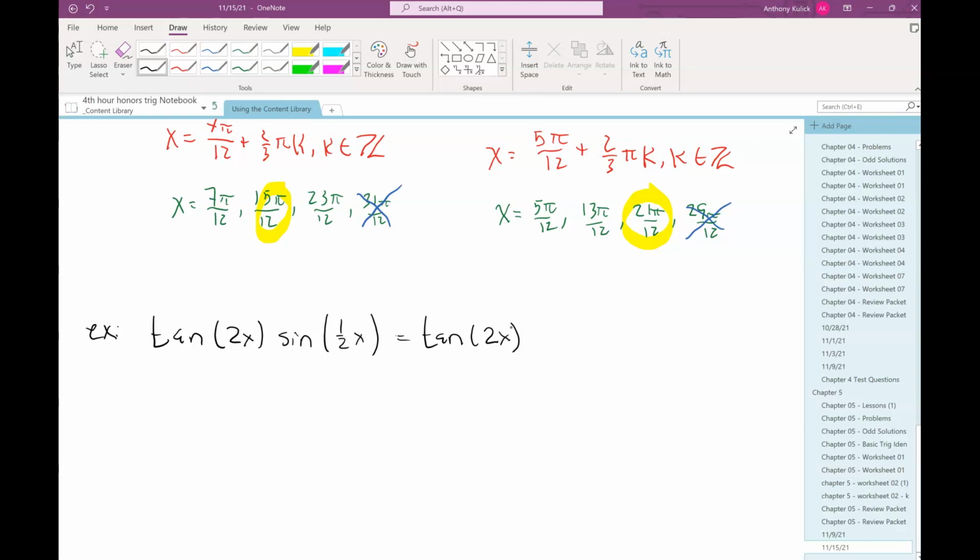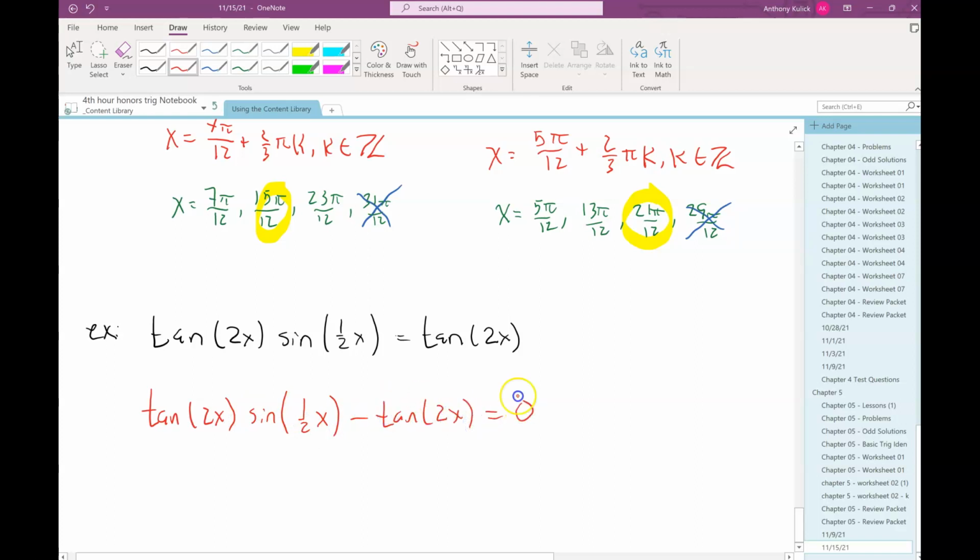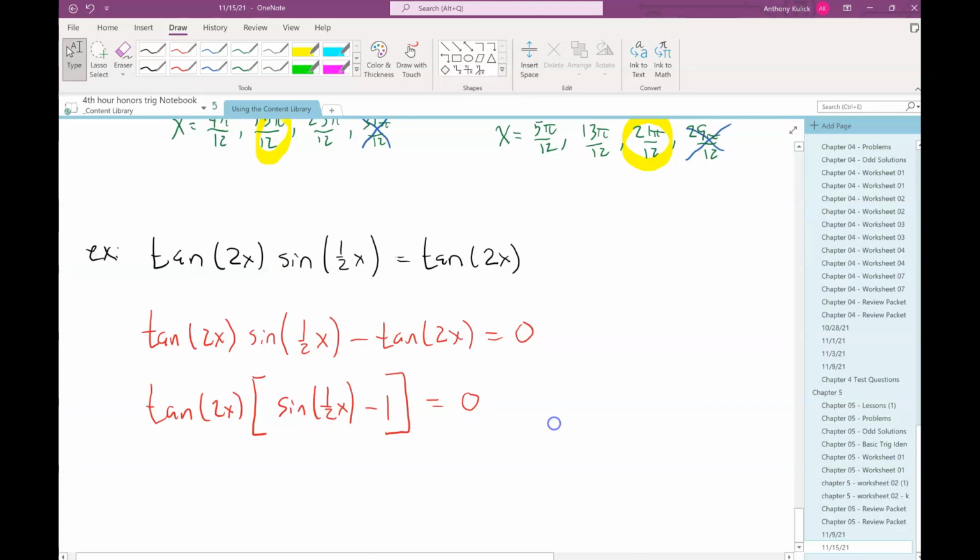So I'm going to actually subtract the tan 2x over, because that's going to make a greatest common factor of tan 2x. Everybody okay there?